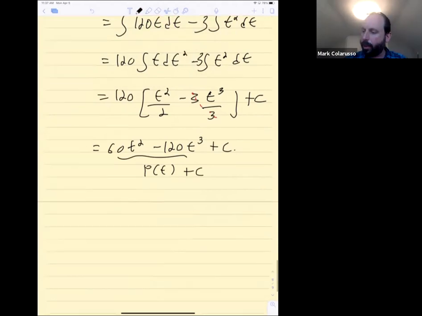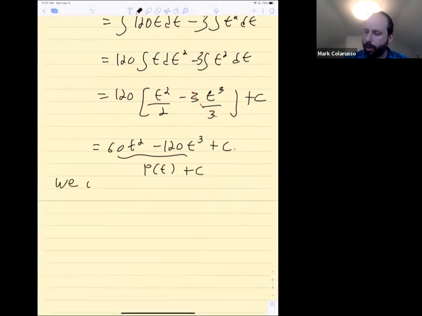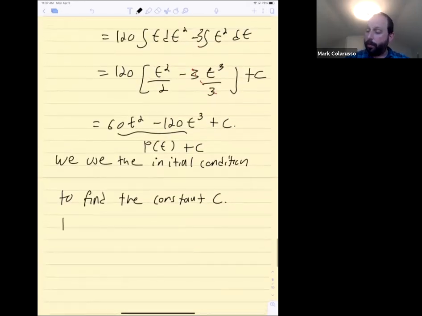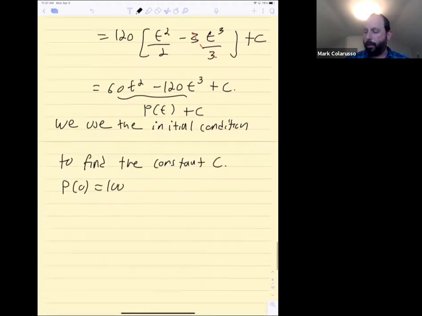So we use the initial condition to find the constant c. You get p of 0 is 100. So basically this is very easy.